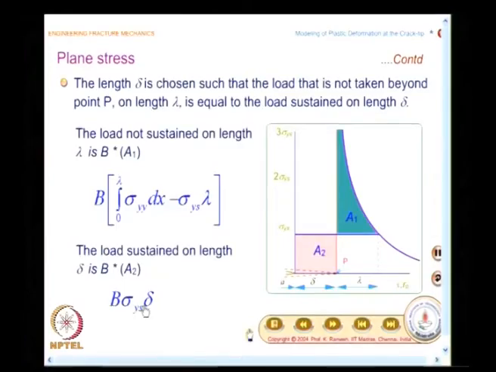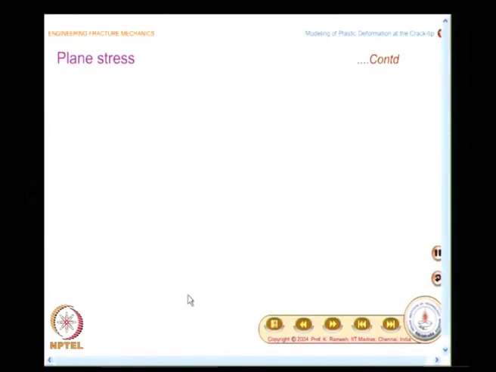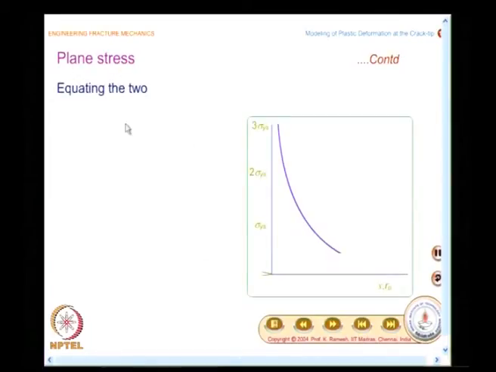We have seen that it opens up like an ellipse. Once you go for elastoplastic analysis, people define crack tip opening displacement that comes from Irwin's model or Dugdale's model. We are taking a crack length as a plus delta. So, in those contexts, delta will be used for CTOD. So, depending on the context, attach a meaning to the symbol delta. And we are discussing the plane stress situation, and we have to equate the two.